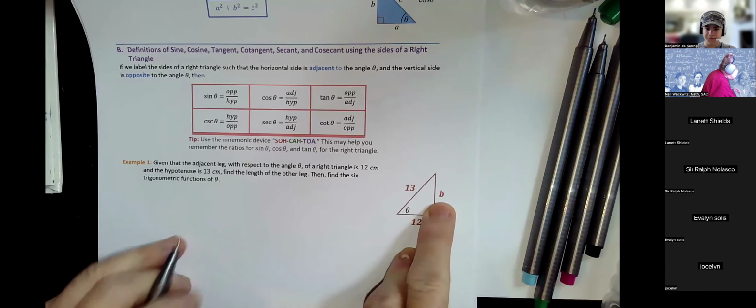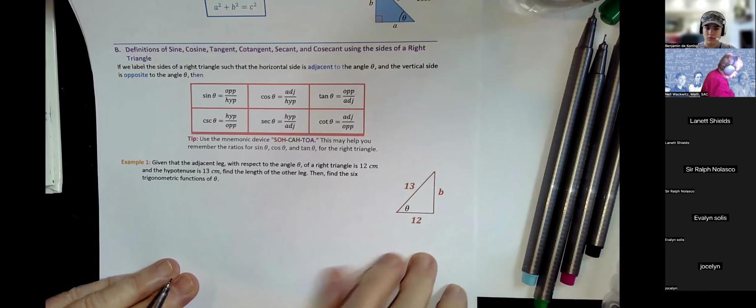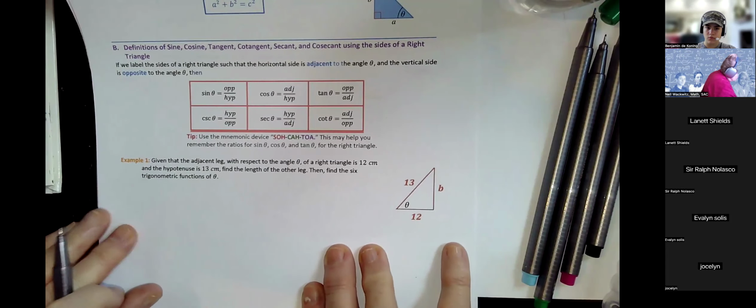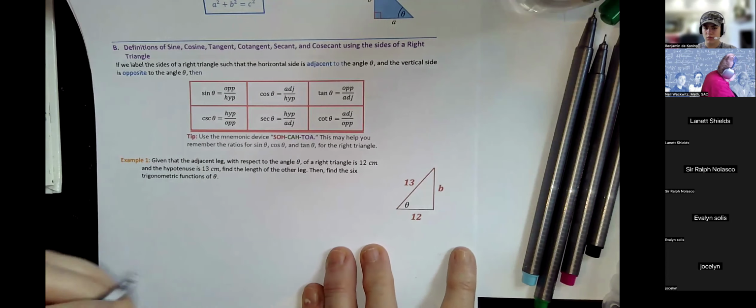So how do I find B if I know that one leg is 12 and the hypotenuse is 13? Plug it into an equation.